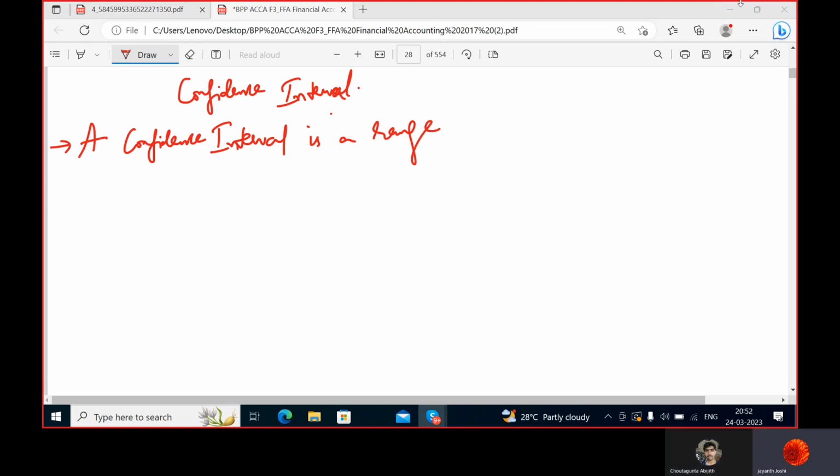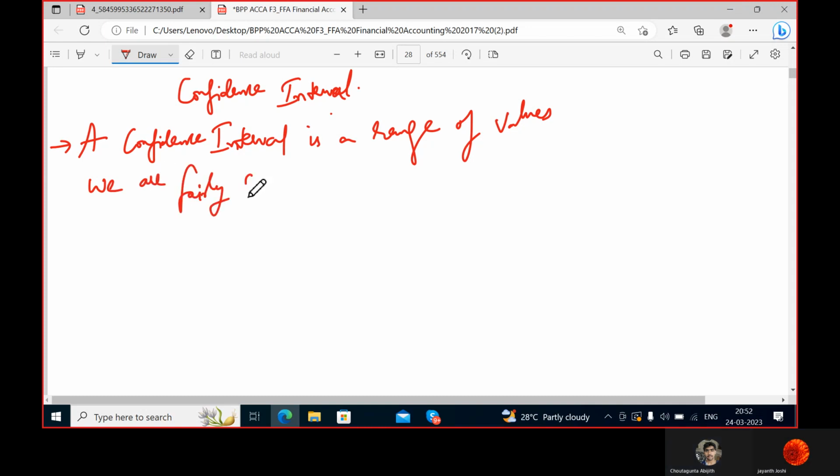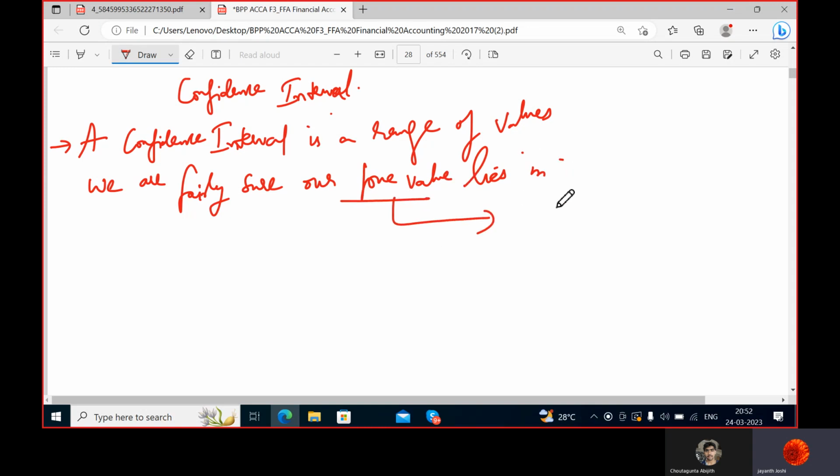A confidence interval is a range of values we are fairly sure our true value lies in. So here with true value, I mean to say I'm looking for some parameter, like mu. Mu is a parameter. It is a parameter of what? Average of a population, correct or wrong?